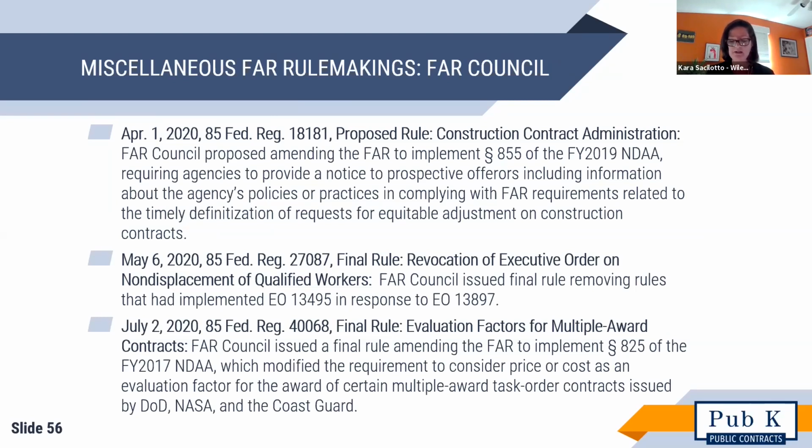So this bullet relates to the FAR Council removing an entire subpart of the FAR that related to the non-displacement of qualified workers under service contracts. That subpart had been included in the FAR in response to an Obama administration executive order 13495.